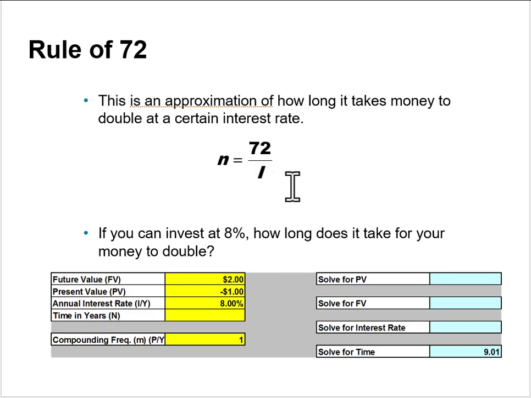Well, 8 into 72, it takes roughly 9 years, approximately. If you put it in the time value calculation, you find out that it actually is 9.01 years. So it's a very close approximation to exactly how long it takes money to double.